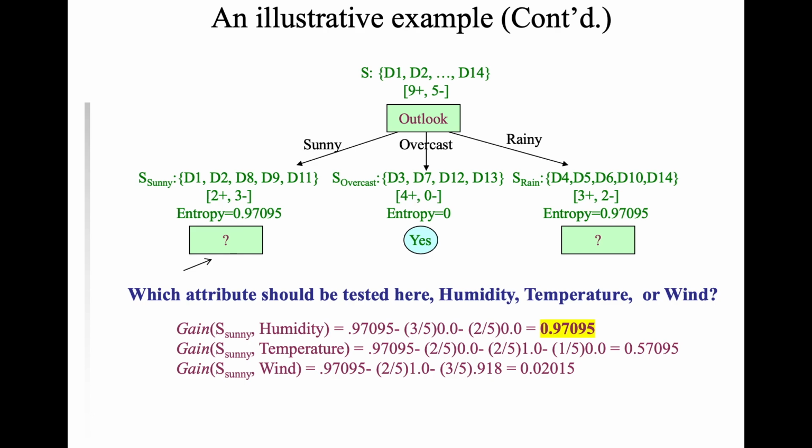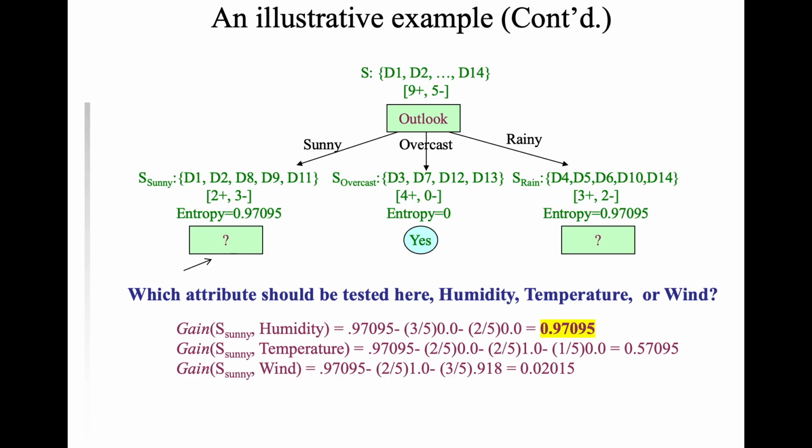Now, for example, we did this for the humidity. We repeat the same process for temperature and wind. So, for example, in order to find the information gain of S sunny with respect to the attribute temperature, we have to calculate the entropies of temperature. What are the distinct values of temperature?